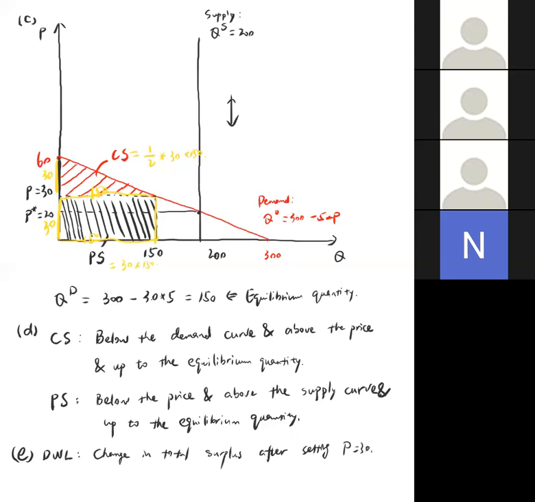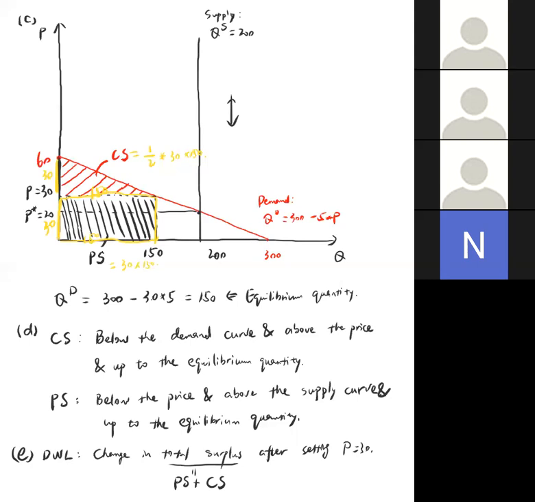We know that total surplus in our case is producer surplus plus consumer surplus. Usually we should also consider government, but here we do not see government playing any role, so we only include producer surplus plus consumer surplus.